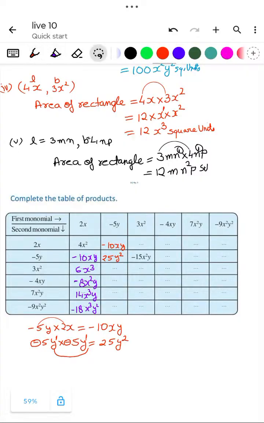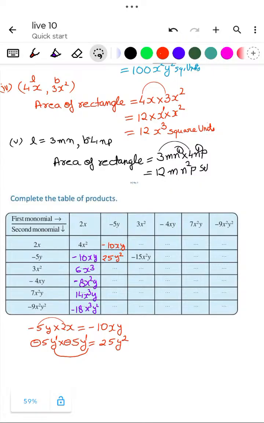Now next is negative 5y into 3x square. We have to multiply these two terms and write the answer here. Okay.